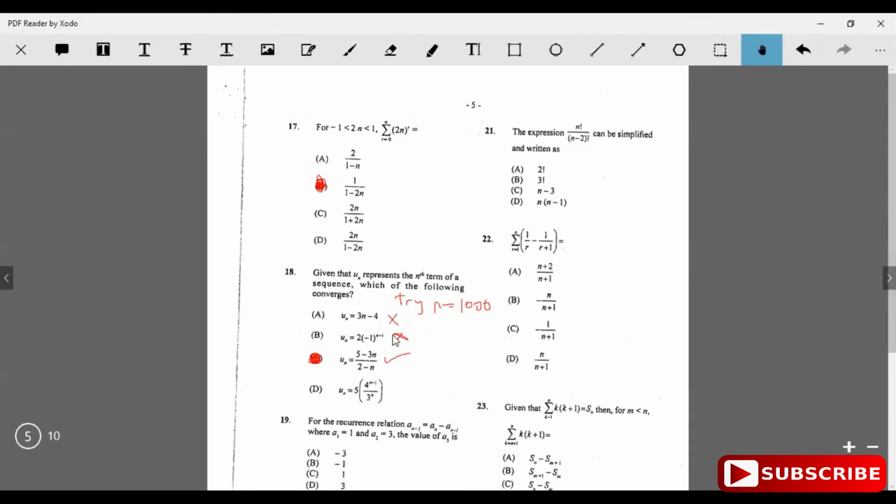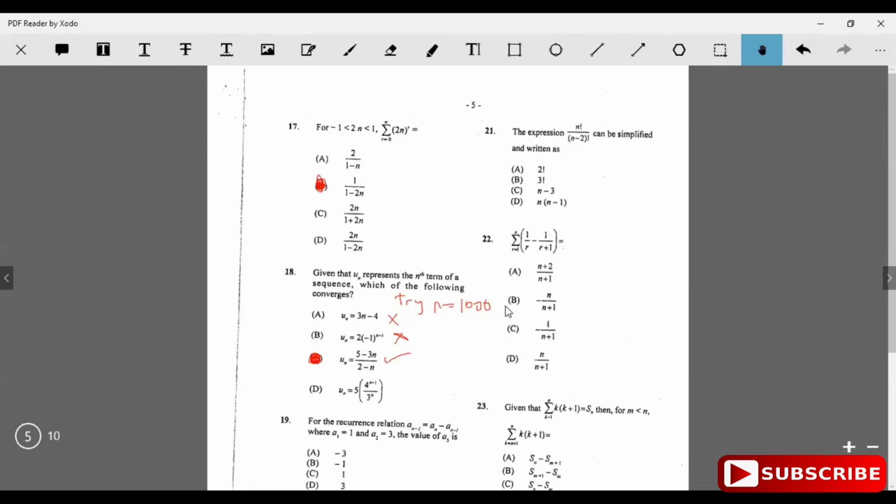Remember, I know this is just trying, but when you plug in 1,000 here, you're going to get 5 minus 3 times 1,000, so 5 minus 3,000, and you divide it by negative 998. You're going to get positive 3, right? Yes, you get positive 3.